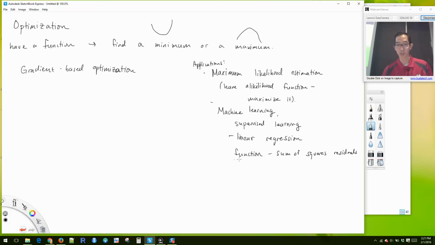And you're trying to find the betas, the beta hats, that minimize this function.